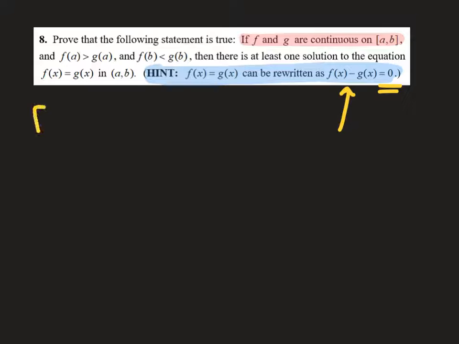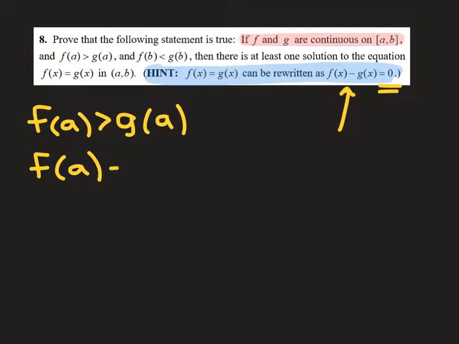First of all, we have f of a is greater than g of a. So that's fine. But this can be rewritten as f of a minus g of a, so move it over to the other side of the inequality, is greater than 0. So what I've done is I moved this to the other side by subtracting it from both sides.